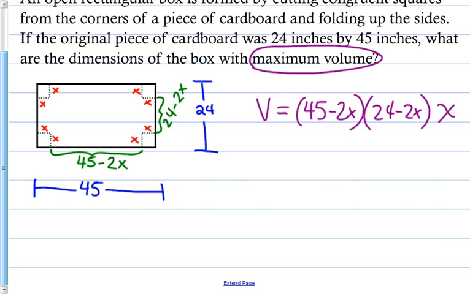Now, the volume equation is icky, so we're going to have to clean that up. And so you're going to have to FOIL and all that good stuff. And since I already did that, I'm just going to go ahead and write it.